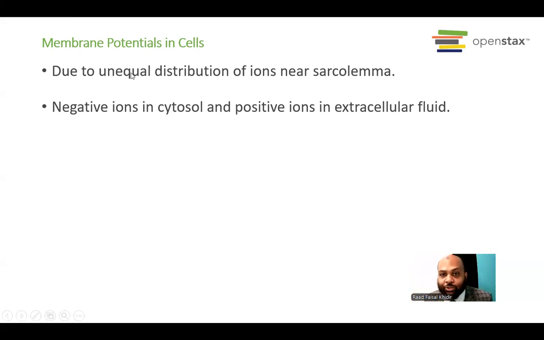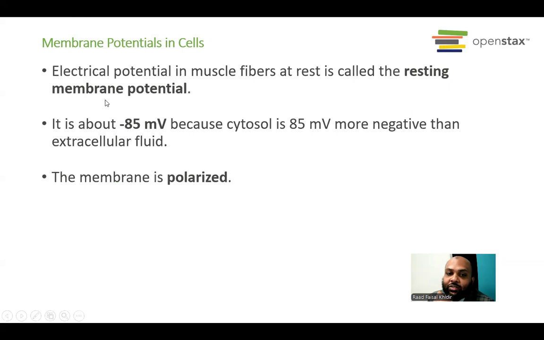So you see, it's due to the unequal distribution of the ions near the sarcolemma. There are negative ions in the cytosol and positive ions in the extracellular fluid.